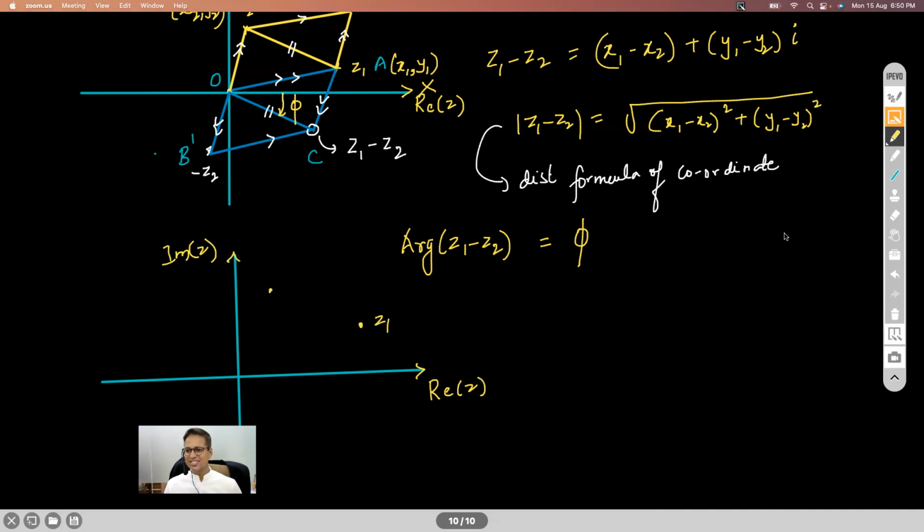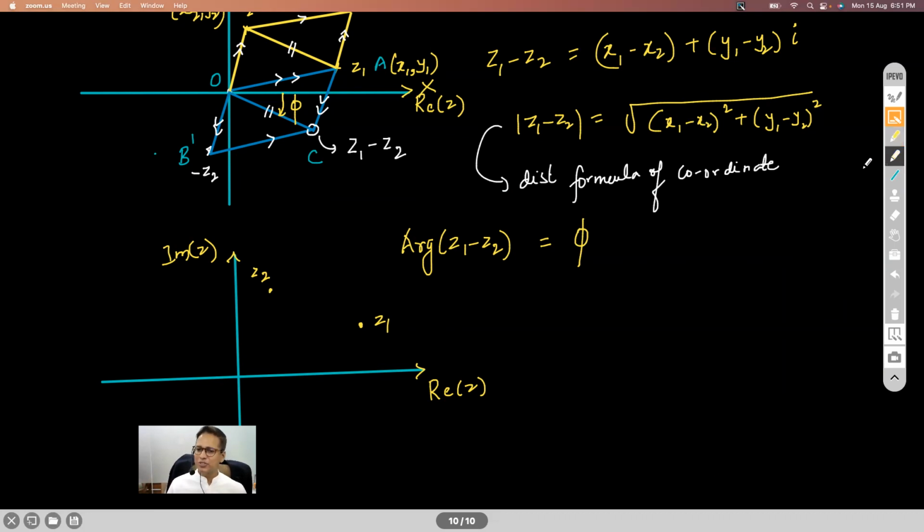Can you make some diagram to show me, or how will you figure out, that is my question, what is the argument of Z1 minus Z2? Here, fine, you figured out Z1 minus Z2 and everybody knows that this angle is the argument. But let's say I only made Z1 and Z2. Is there any way that I can figure out what is the argument of Z1 minus Z2? Which angle will you make?